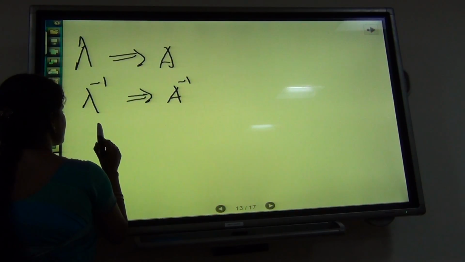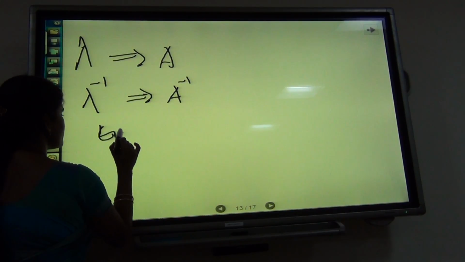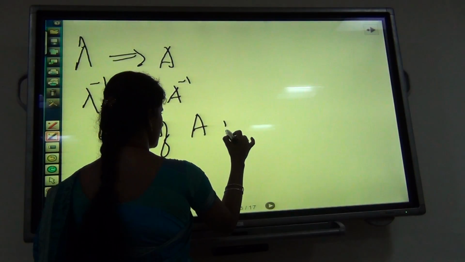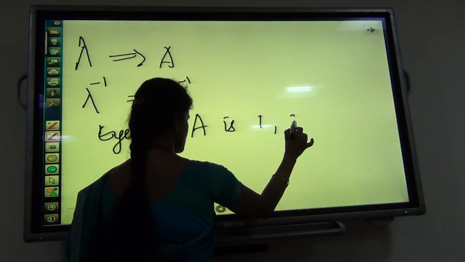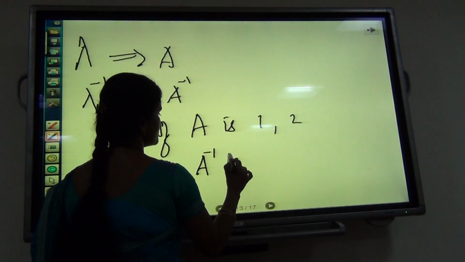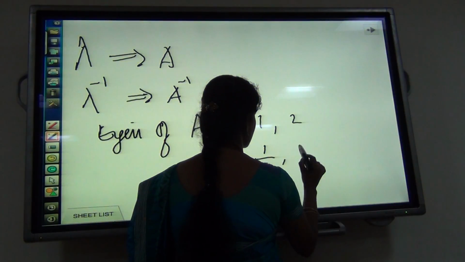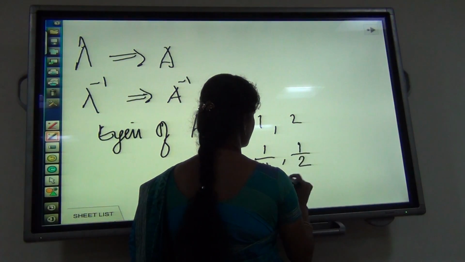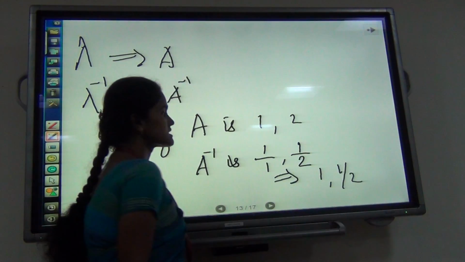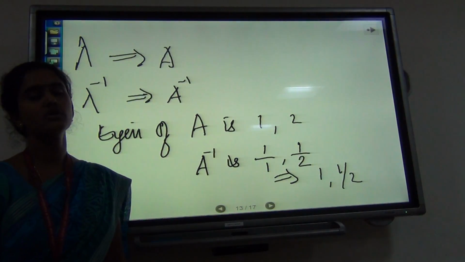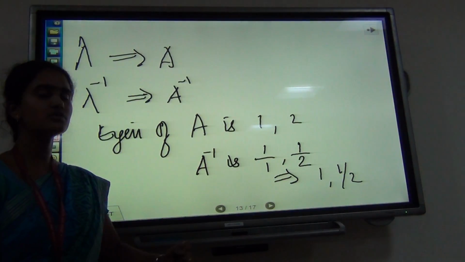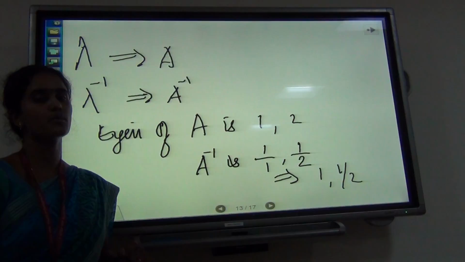So if the eigenvalues of A are 1, 2, the eigenvalues of A inverse will be 1 by 1 and 1 by 2, which is 1 and half. So this is the way we have to find the eigenvalues related to the eigenvalue and eigenvector properties.